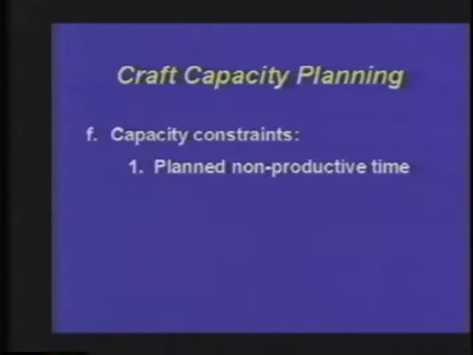Those non-productive times must be reduced from item G, the gross available capacity.